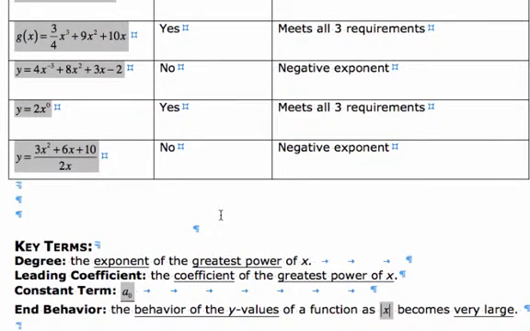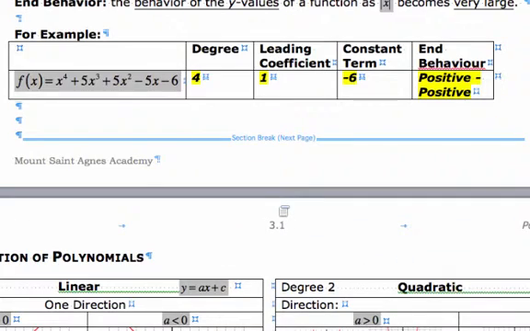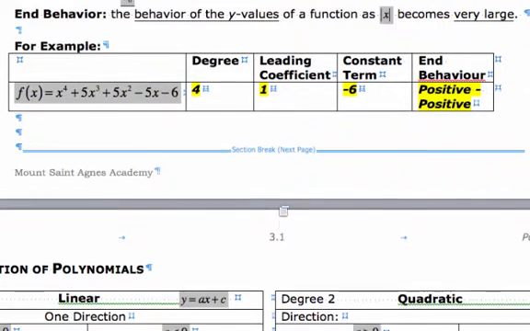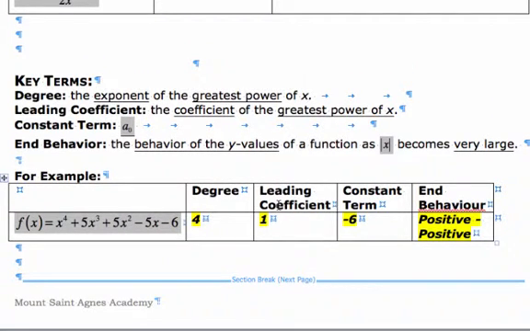So we're going to move on to some key terms about what a polynomial is and our key features of polynomials. Key features of polynomials. We have key terms. First off is the degree. We're going to use the term degree to help us refer to what type of polynomial it is.